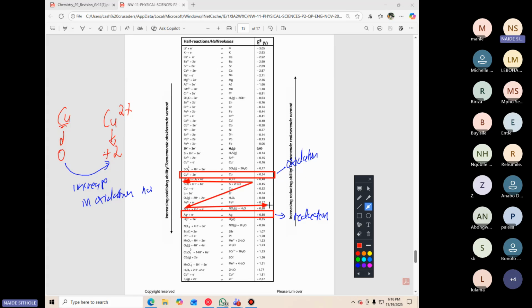I said ukuthi mangabe kuyi-oxidation moyibhala i-reduction half iqala ngapha iyale. But then reduction, when you write the reduction half, it is simply from here all the way to that side. So that means if you were to write the oxidation half, it would be copper changing to copper 2 plus 2e. Right. So that would be the case then.